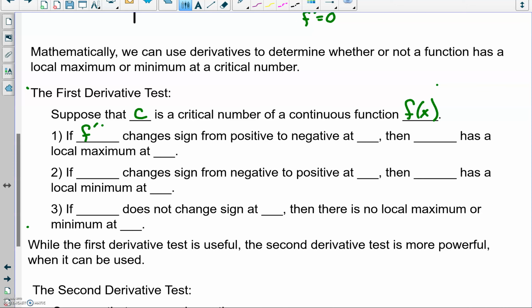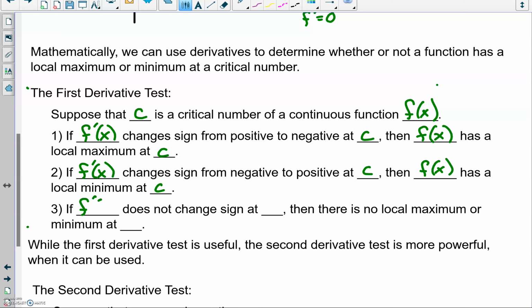So if f prime of x changes sign from positive to negative, so you're going up and then you're coming down, and it changes sign at that critical number, then f of x has a local max at that critical value. Similarly, if f prime of x changes sign from negative to positive, so you're going down and then you start going back up at that c, then f of x is going to have a local minimum at that c.